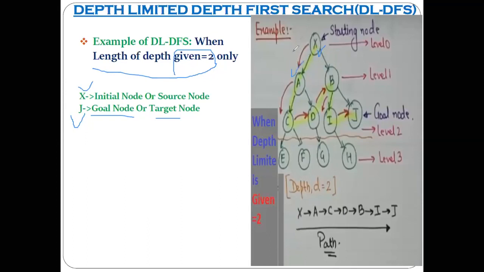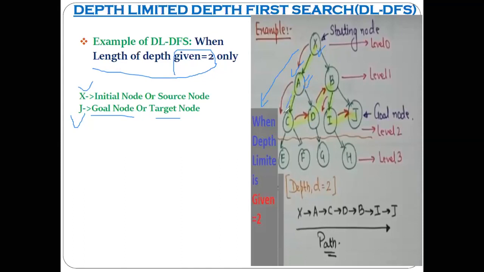We are going in this direction. Which node will we push onto the stack? A. Is A your goal node? No. So A will get removed from the stack.